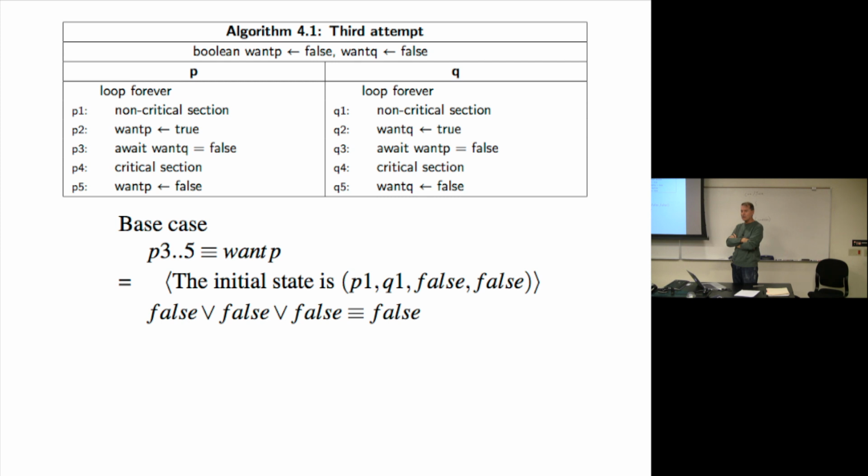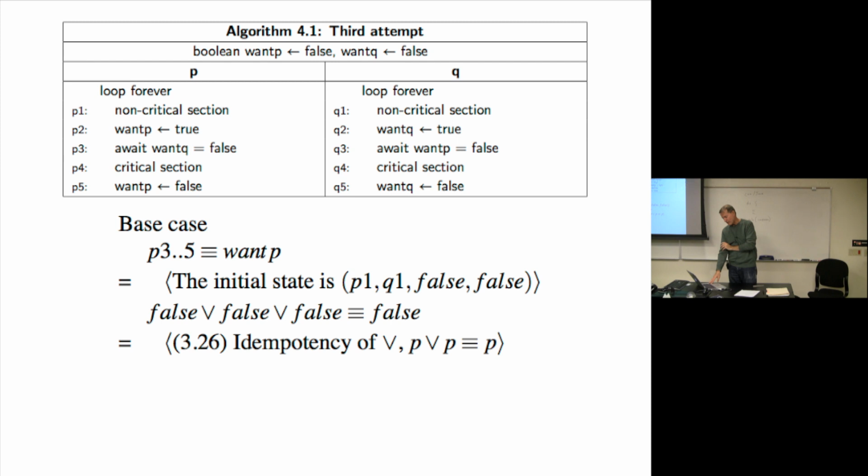But now what do we know about false or false or false? By idempotency, look up 3.26 on your equation sheet. So false or false or false is false. Now which one do we quote? Look it up in your handout. 3.3, yes.